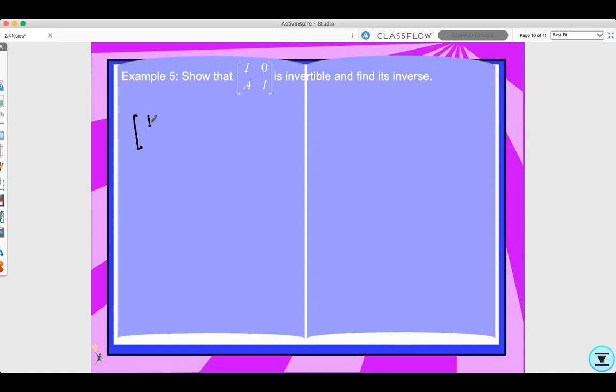Its inverse would just be I, 0, negative A, I. Switch these, negative these, and it's just multiplied by 1.